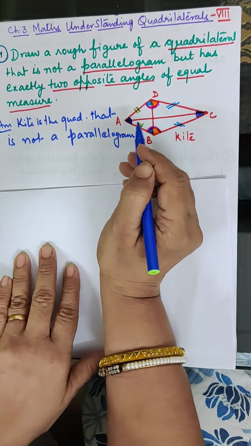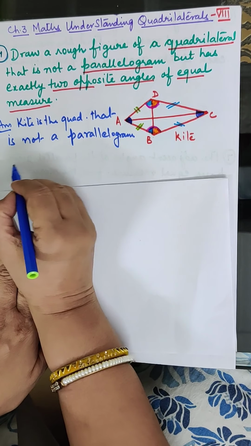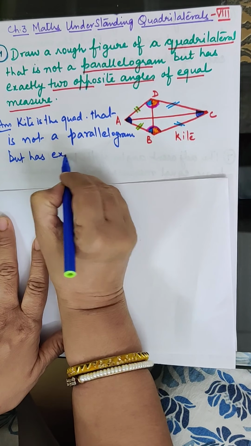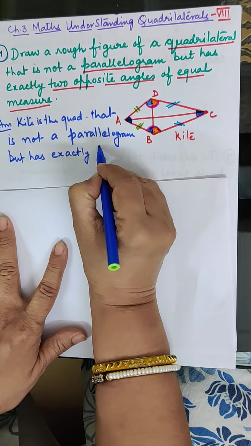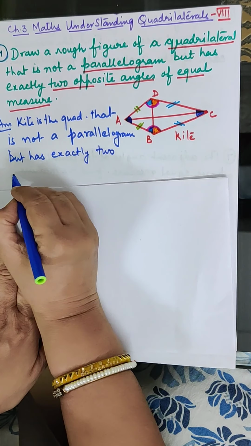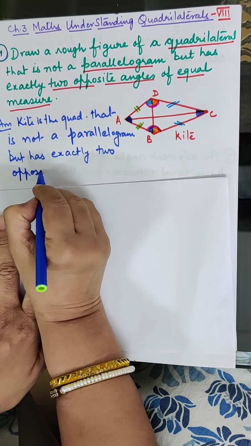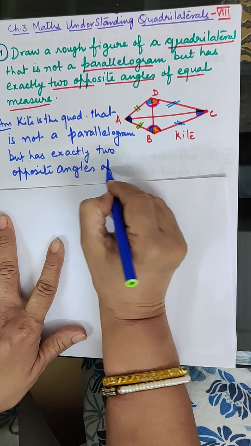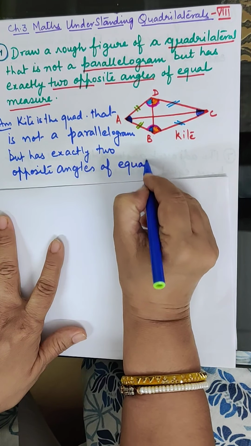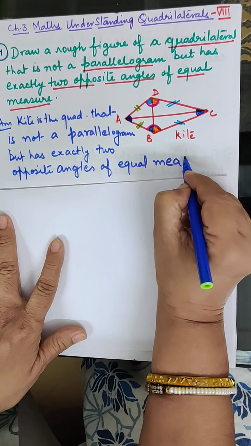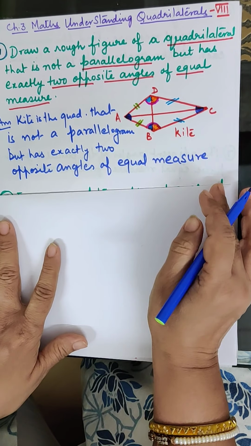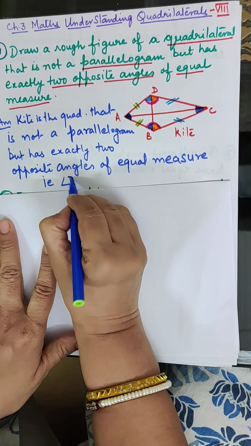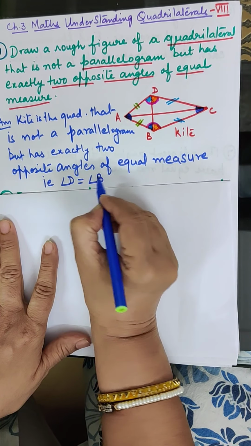Because opposite sides are not equal, but it has exactly two opposite angles of equal measure. That is, angle D is equal to angle B.